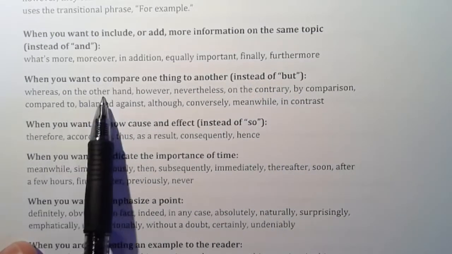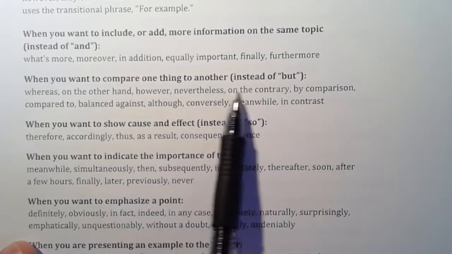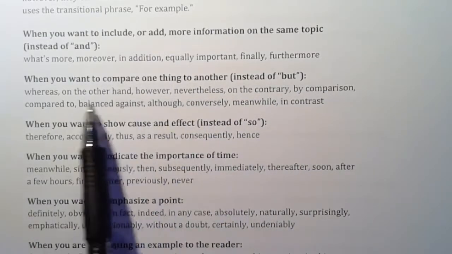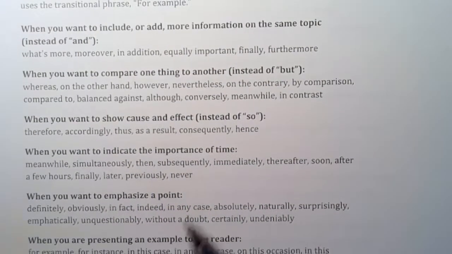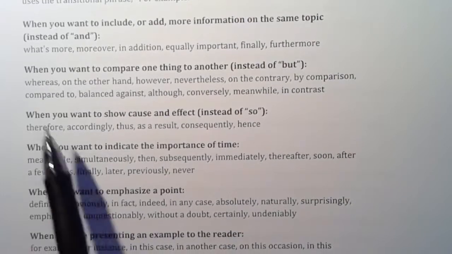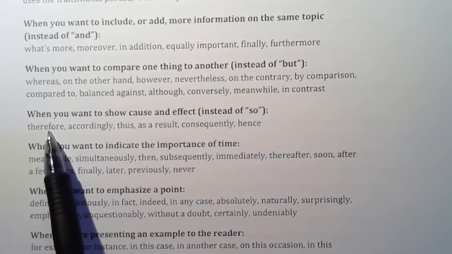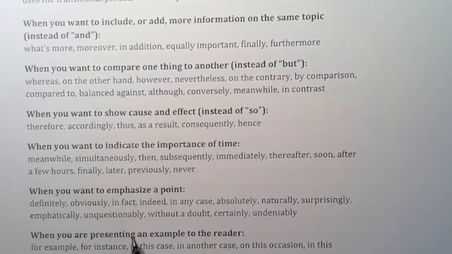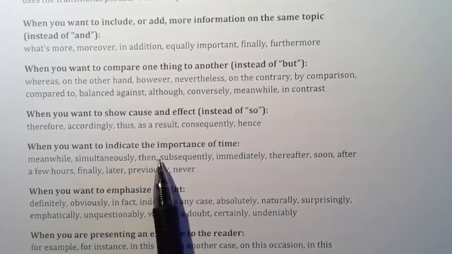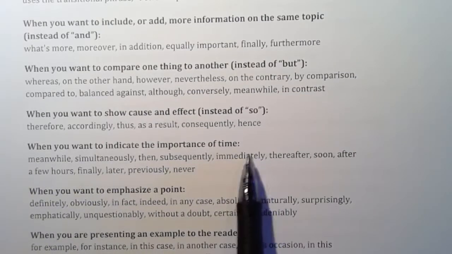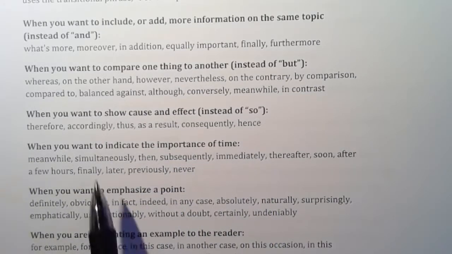So whereas, or on the other hand, however, nevertheless, on the contrary, by comparison. There's lots of these that you can bring into your writing. Conversely, meanwhile, in contrast. So instead of so, therefore, accordingly, thus, as a result, consequently, hence. When you want to indicate the importance of time, we have phrases like meanwhile, simultaneously, subsequently, immediately, previously, finally.